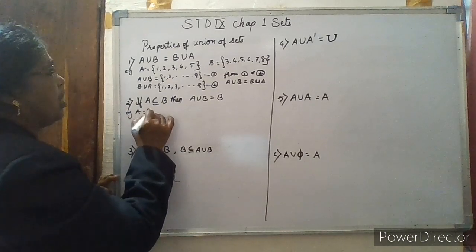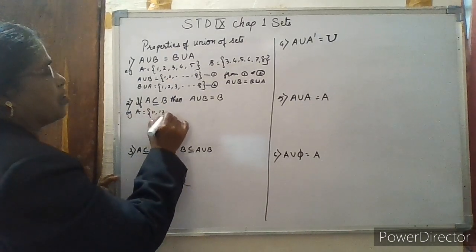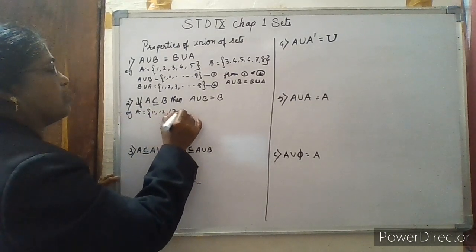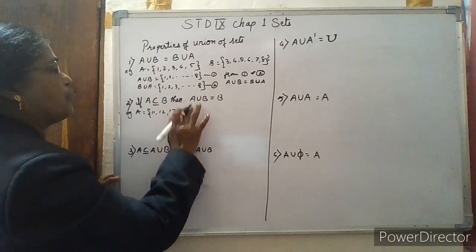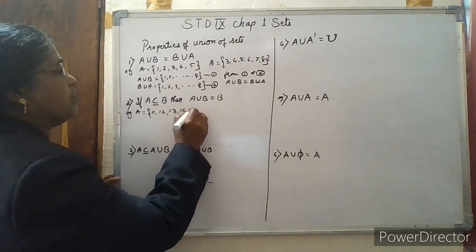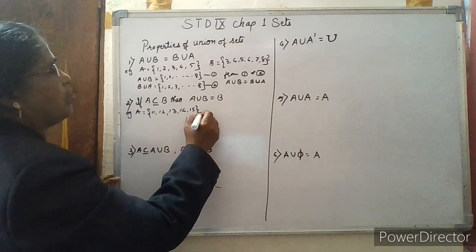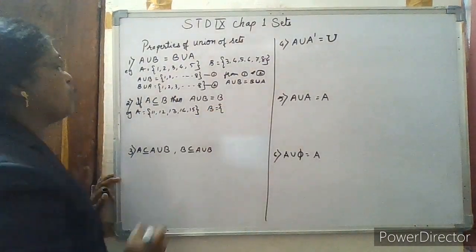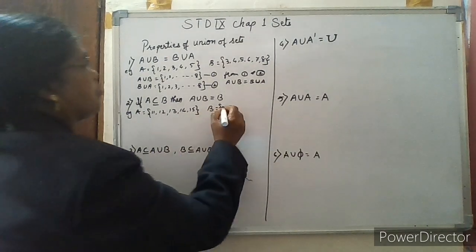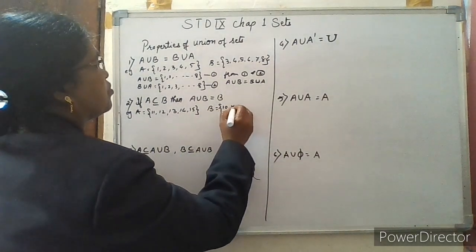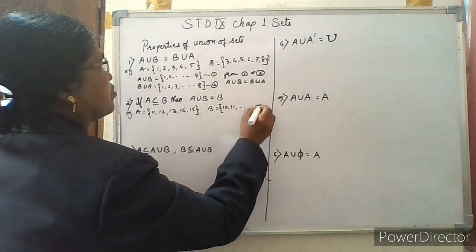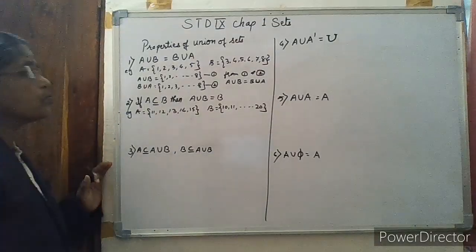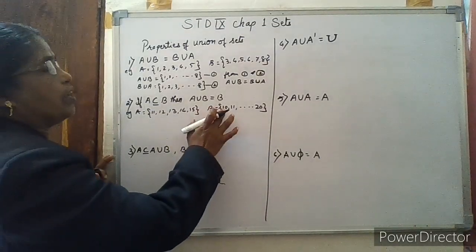Now set A, if I take 13, 14, 15, this is set A. Now set B, I have taken 10 to 20.